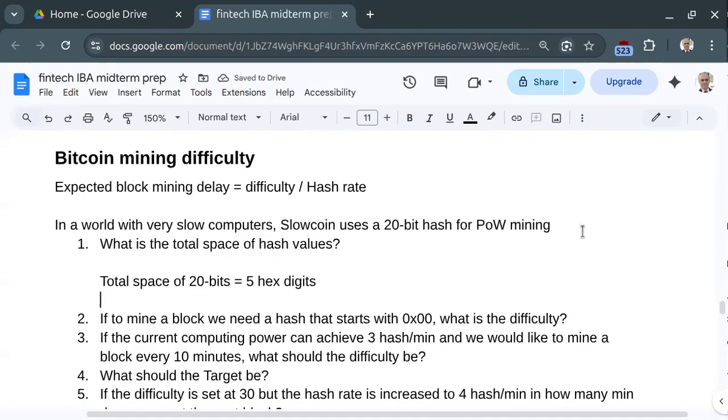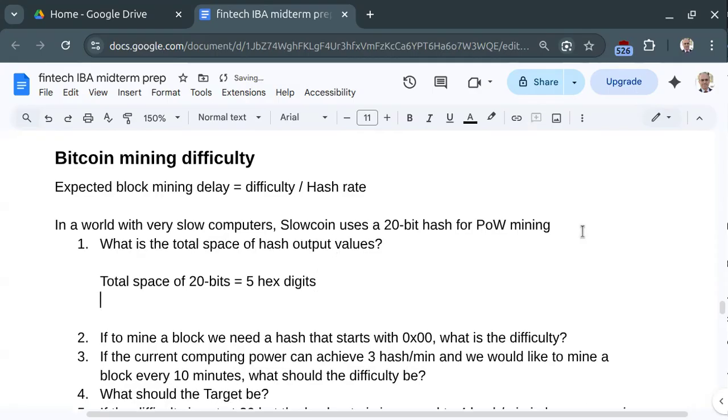And we are asked to figure out the total space of hash values, of hash output, actually. Well, that's kind of easy, right? The total output space is equal to 2 to the 20th.